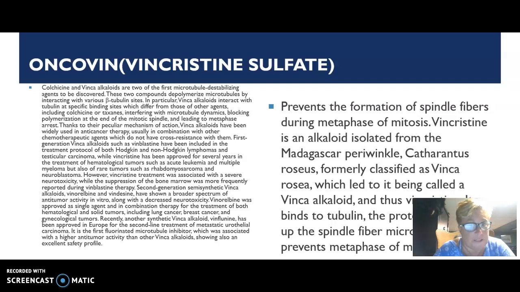Thanks to their particular mechanism of action, vinca alkaloids have been widely used in anti-cancer therapy, usually in combination with other chemotherapy agents which do not have cross-resistance with them.